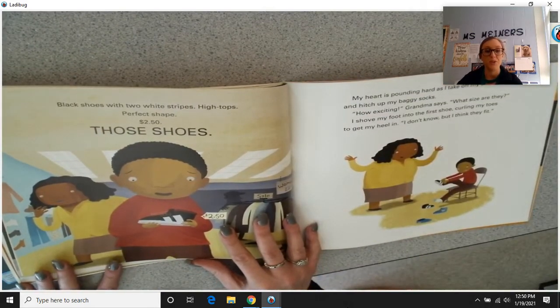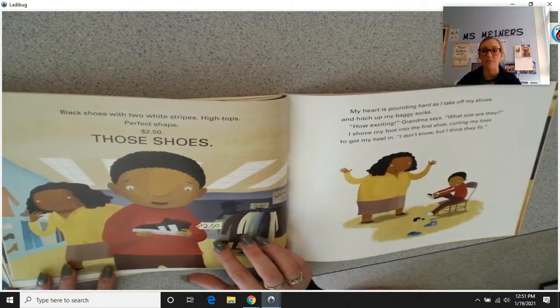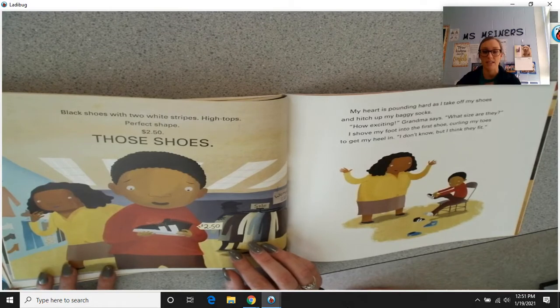Black shoes with 2 white stripes, high tops, $2.50. Those shoes. My heart is pounding hard as I take off my shoes and hitch up my baggy socks. "How exciting," Grandma says. "What size are they?" I shove my foot into the first shoe, curling my toes to get my heel in. I don't know, but I think they fit.